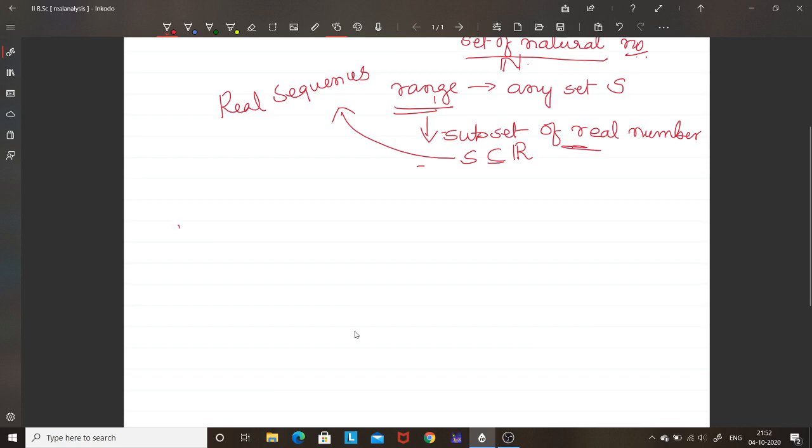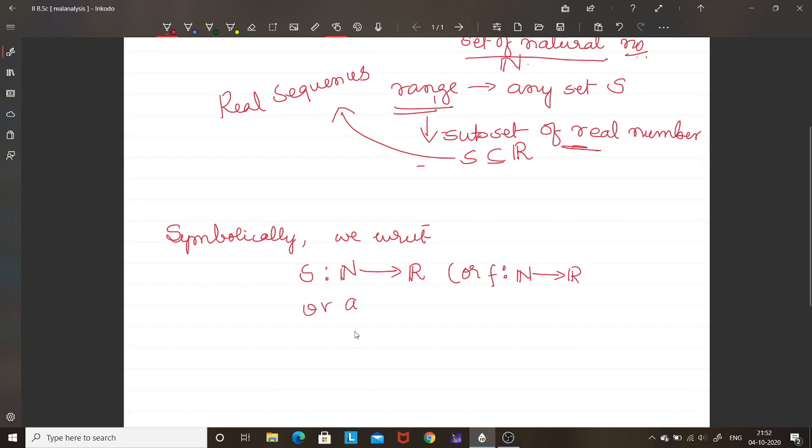Symbolically, we write s from N to S as a function from N to R, or we can use the notation f from N to R. But in the syllabus we are talking about real sequences only, so we can use this notation, s from N to R. So it's a real sequence.